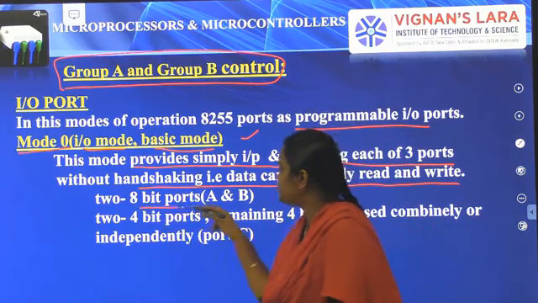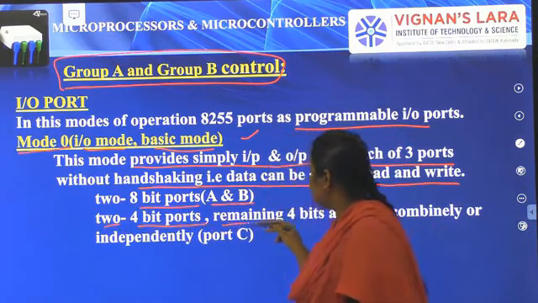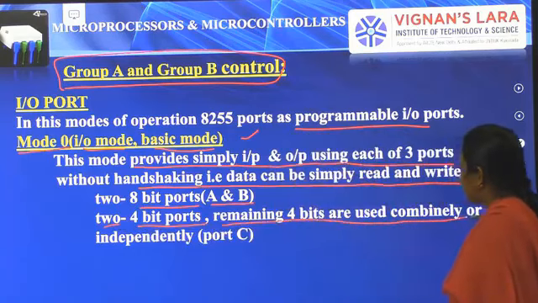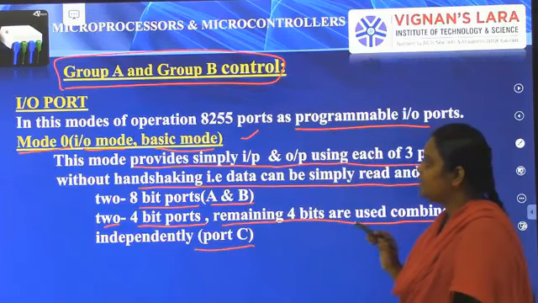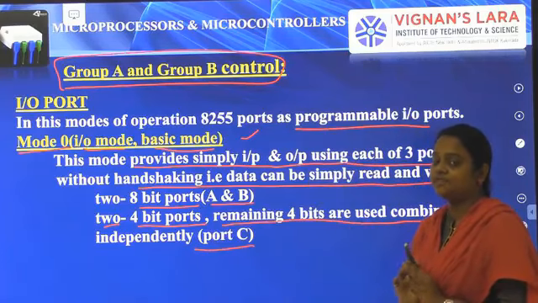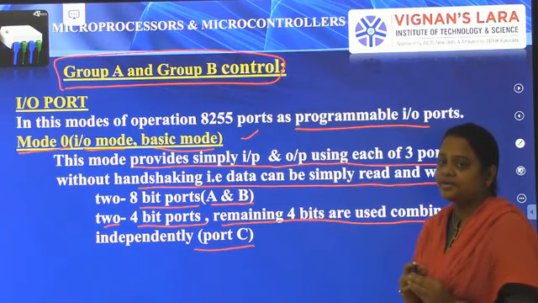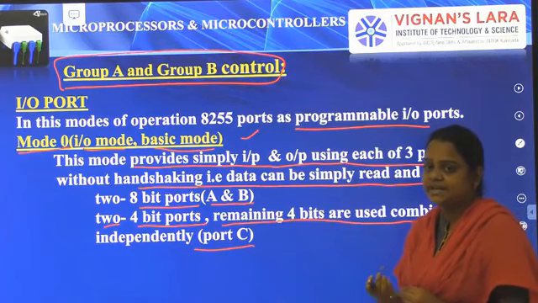Two 8-bit ports, port A and port B, are used, and the remaining 4-bit ports in port C are used combined or independently. With this basic mode, mode 0 operation, we simply write or read data to the input and output devices without knowing whether the information is sent or not.